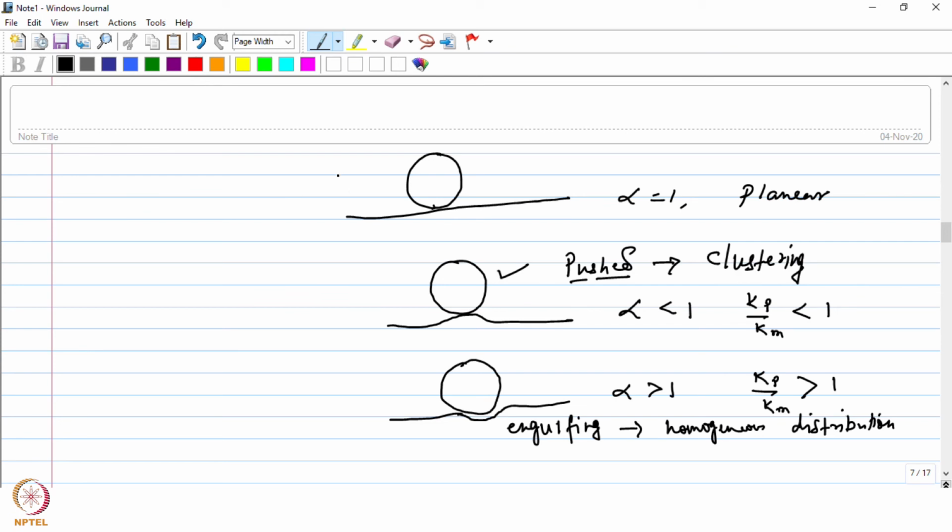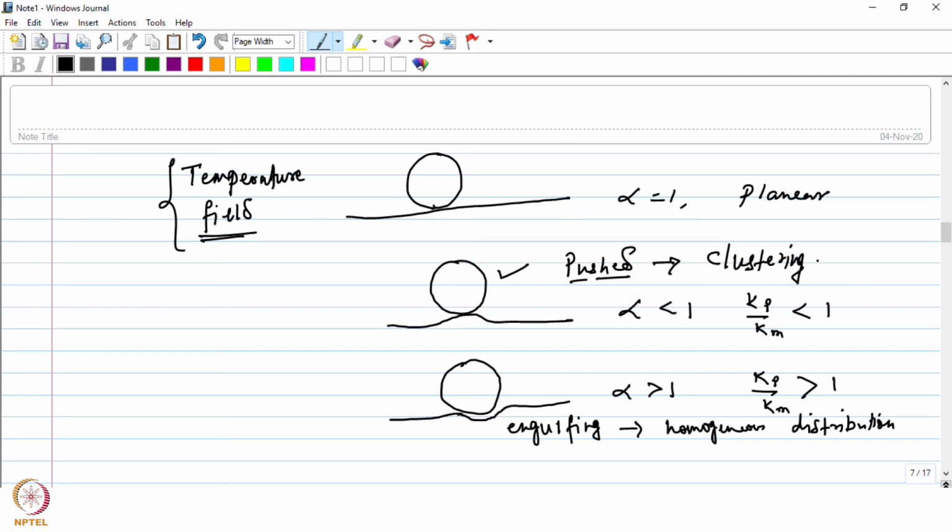So this is how the variation of the temperature field with respect to alpha will affect the interaction of the solid-liquid interface with the particles, and that in turn will decide whether the particles will be pushed leading to clustering, or engulfed leading to uniform distribution.